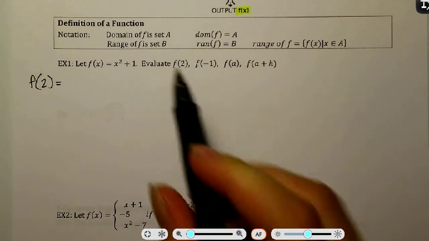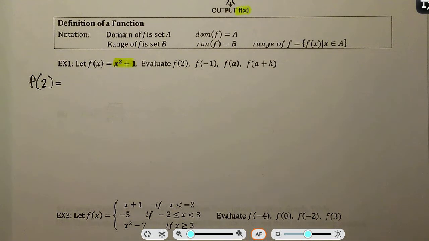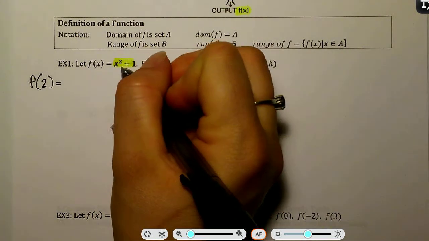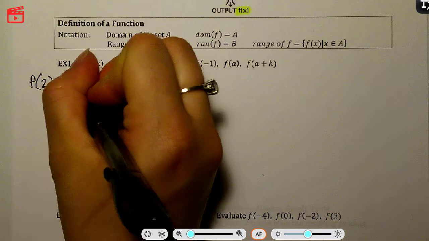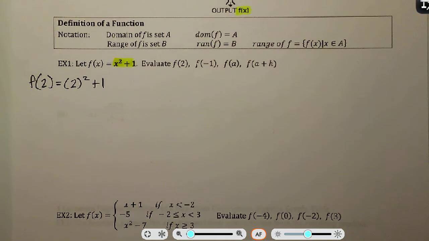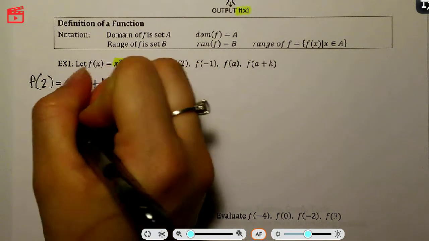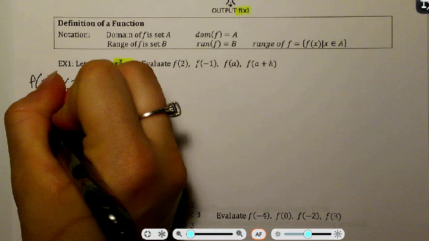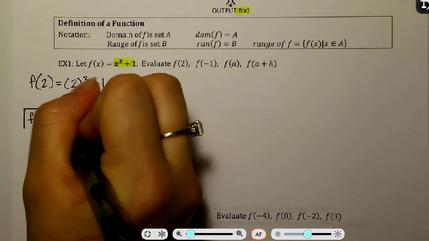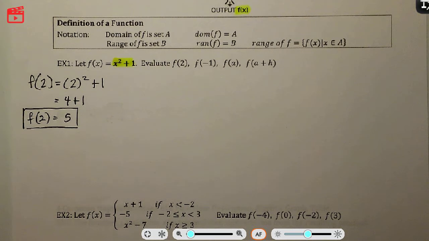So wherever I see x in my function here, I'm going to be replacing it with 2. Well, I only see x right here where it's being squared. So I'll take 2 and I'll square it. And then I'll add 1. That's what my function tells me to do. Well, what's that? 2 squared is going to be 4 plus 1 is going to equal 5. So f of 2 equals 5. And box my answer.